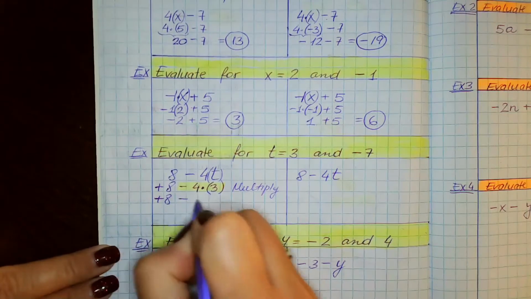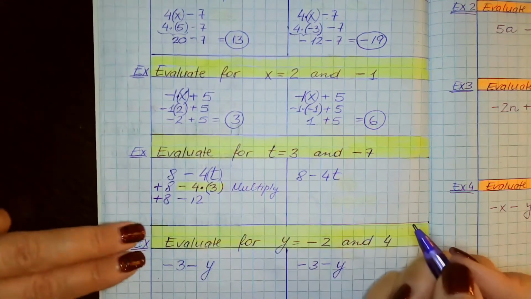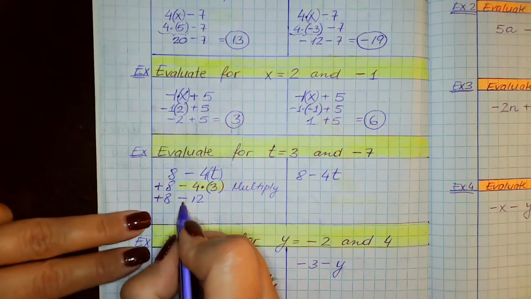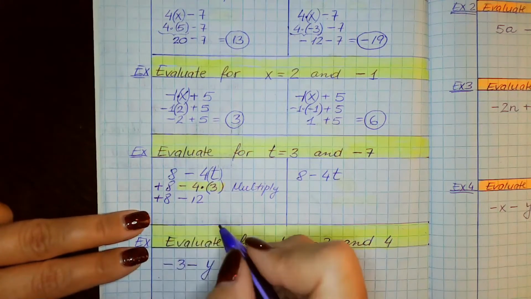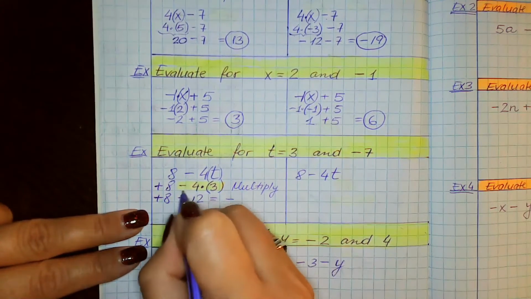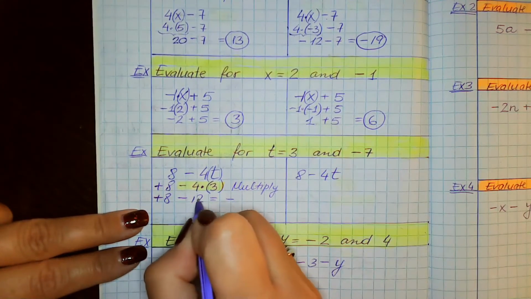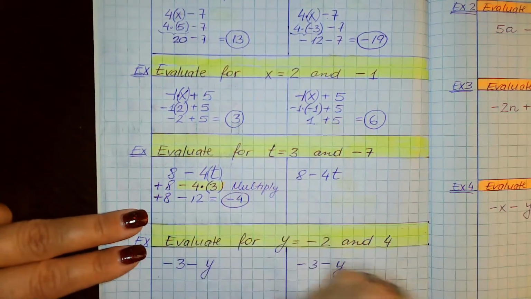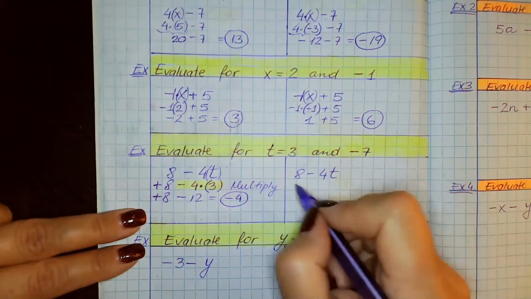Negative times positive will be minus 12. And then we're going to combine. Combining negative and positive means subtract and keep the sign of the bigger number. So that will be negative, because 12 has a minus in front, and then subtract. 12 minus 8 is 4. Negative 4.